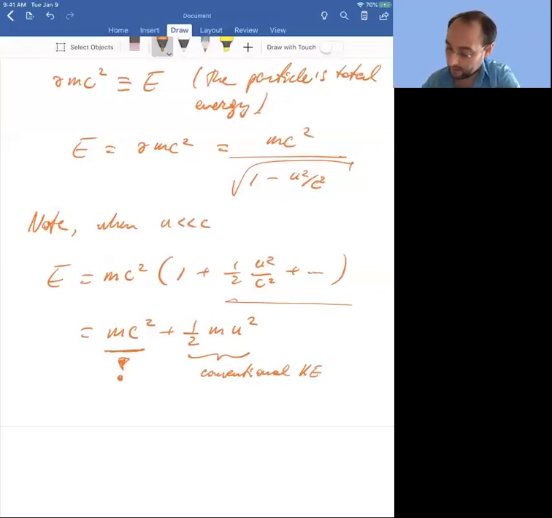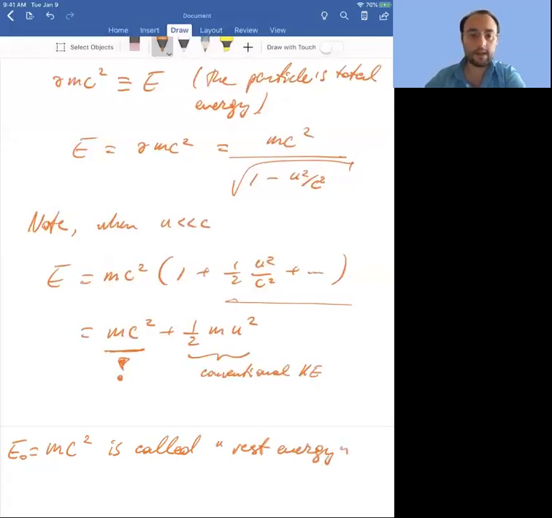Okay, so this is often denoted like this. This term seems to associate mass with energy. And for this reason, it's also called mass energy.